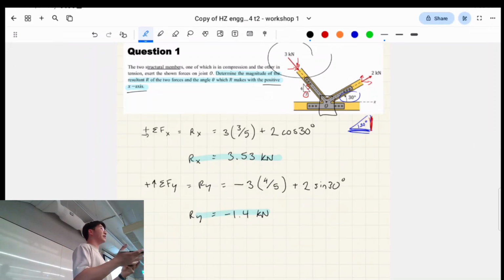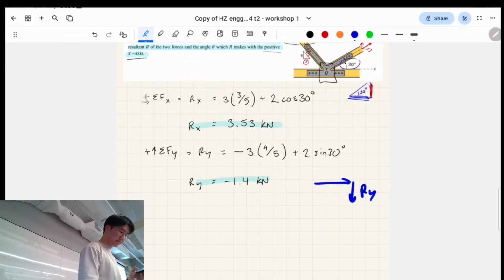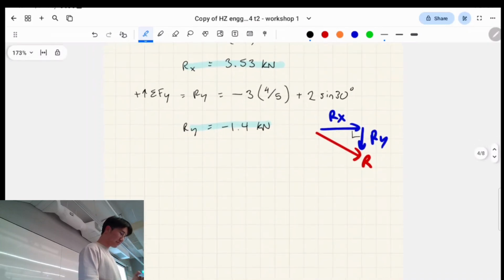Great. But the question calls for the magnitude of R, of this resultant force. And all we've done is group together the horizontal component and the vertical component. So what might we do to get this resultant force, given that we have the horizontal and vertical component? Say we have a negative Ry like that, and a positive Rx like that. We want this diagonal R. What formula can we apply to get there? Yeah, perfect. Pythagoras.